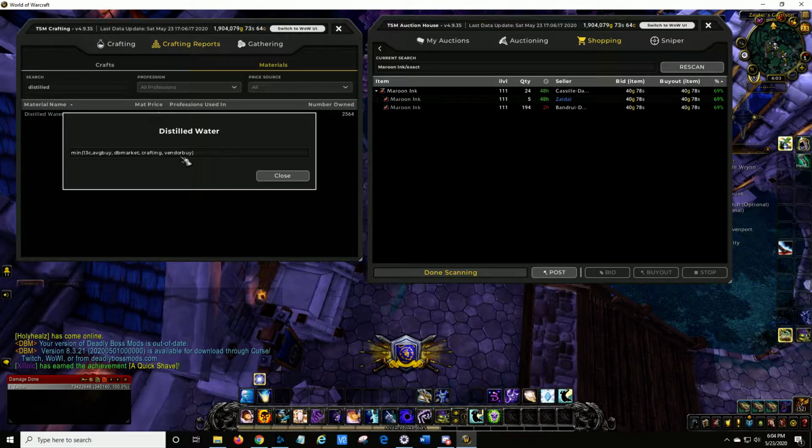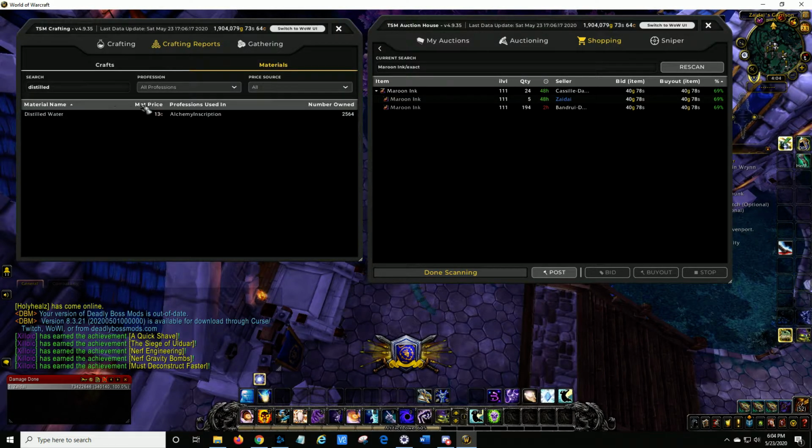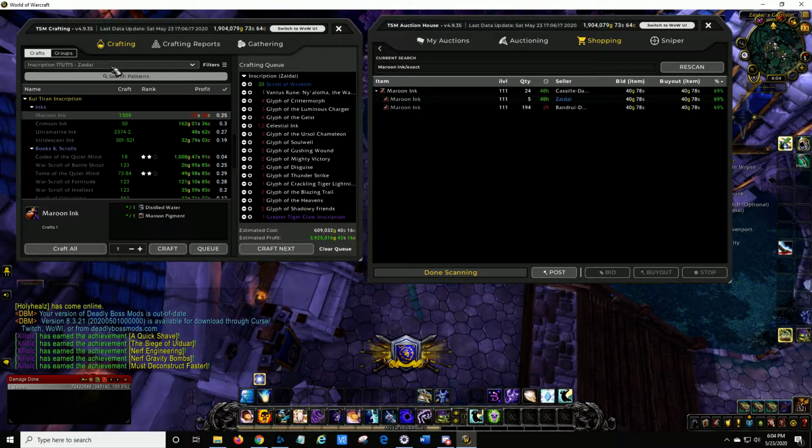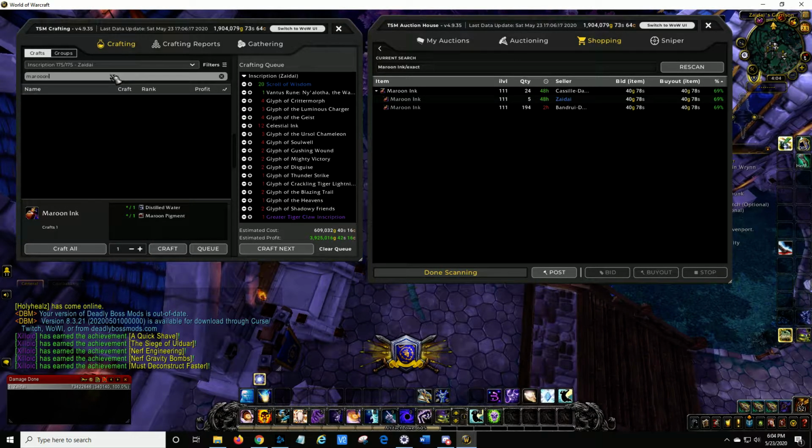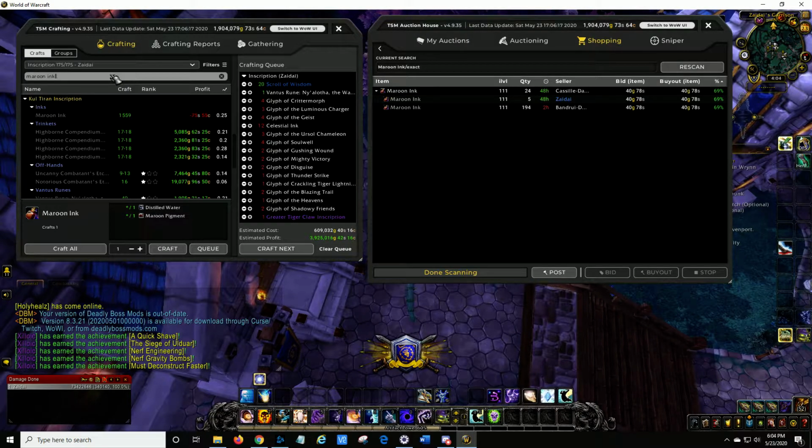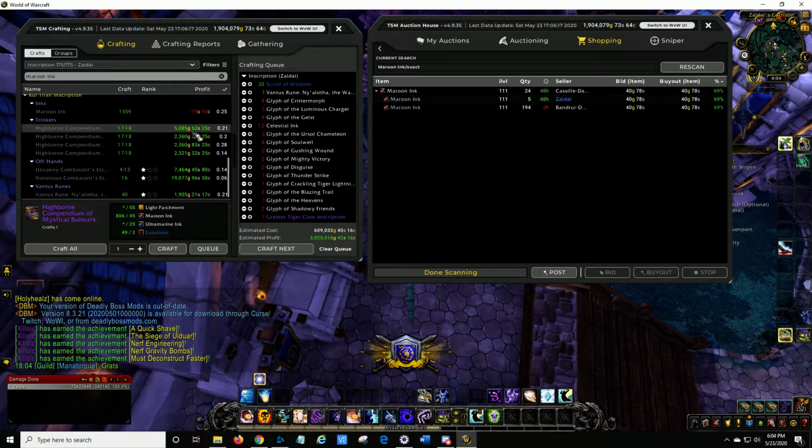So I've actually just hard coded it. I just put 13 copper in there, so it's always that. So anyway, if you go down to your crafting window and you look at maroon ink, if I can spell it, you can actually see if something is profitable or not.